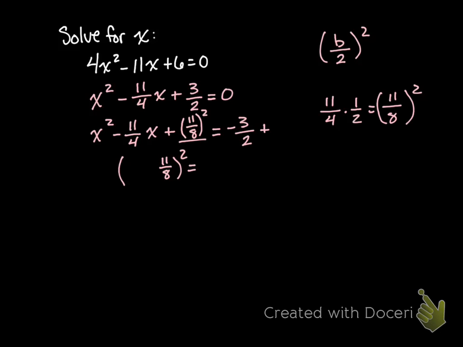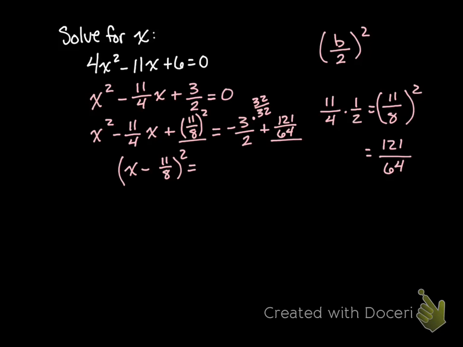But we need to add something to our right side as well. So we're going to have to add 121 over 64, which is 11/8 squared. We'll finish factoring this: x minus 11/8 quantity squared equals negative 3/2 plus 121 over 64. We need a common denominator, so to get from 2 to 64, we multiply by 32 over 32.